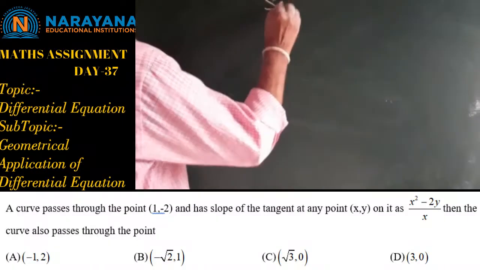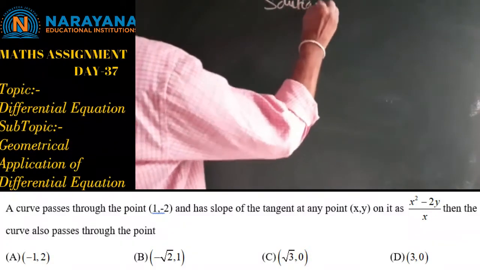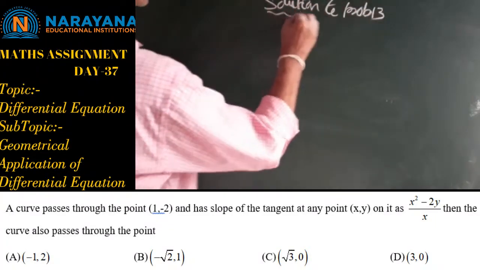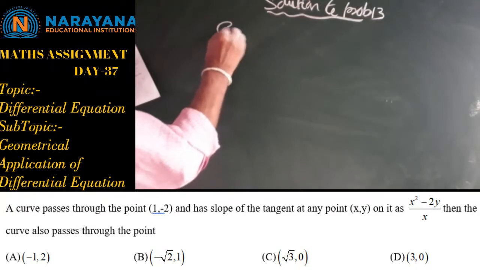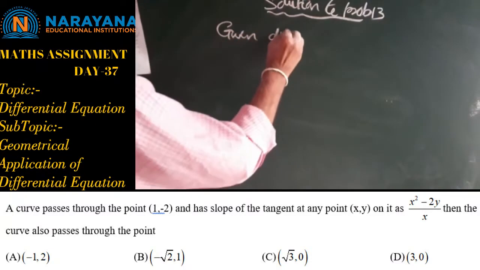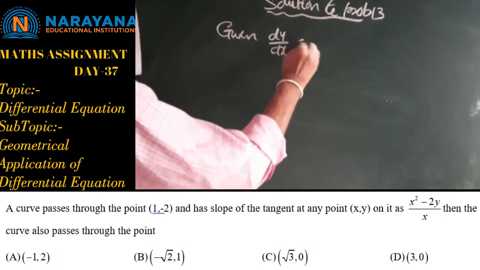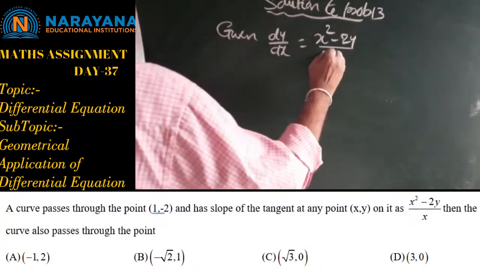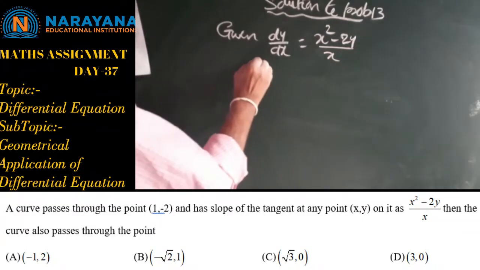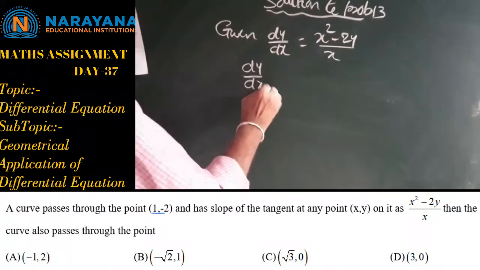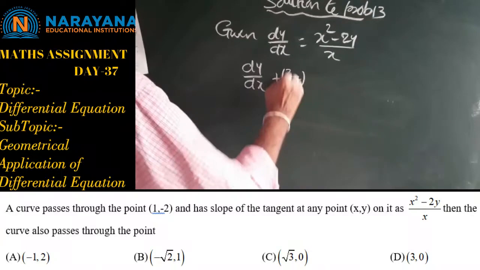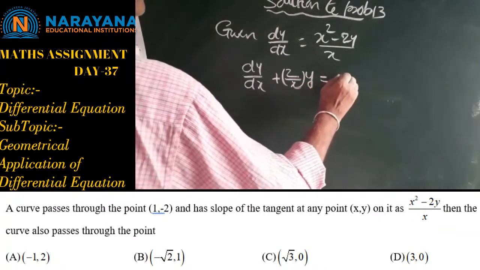Problem number 13. So given dy by dx equal to x square minus 2y divided by x. So we can write dy by dx plus 2 by x into y is equal to x.